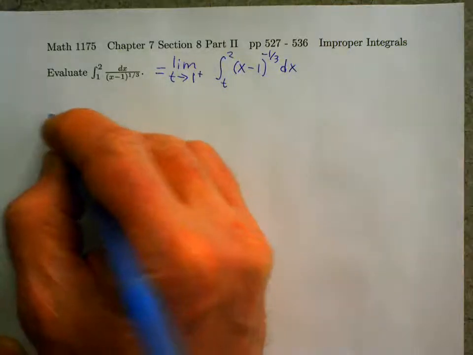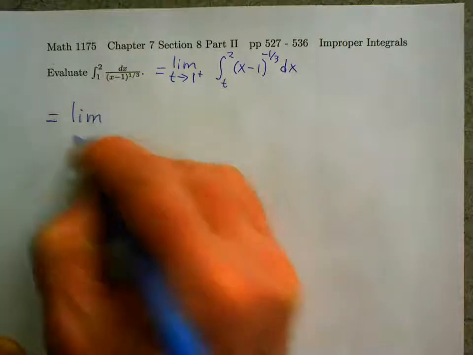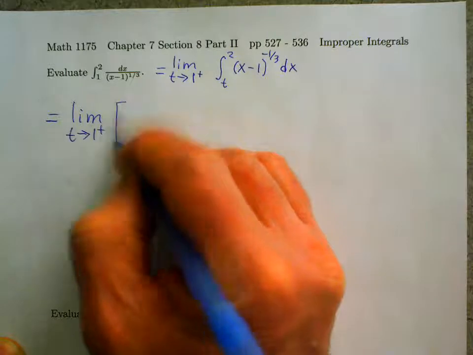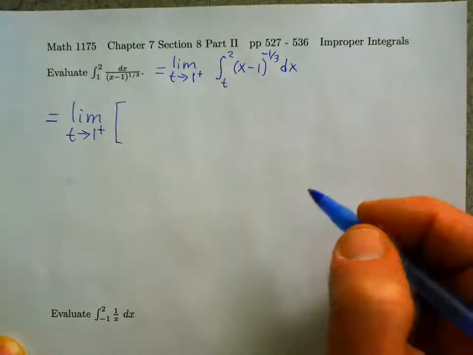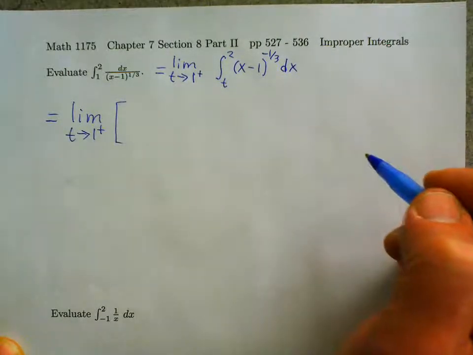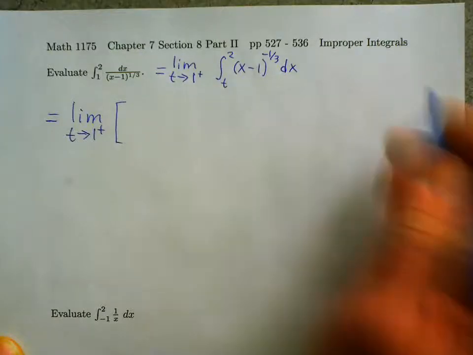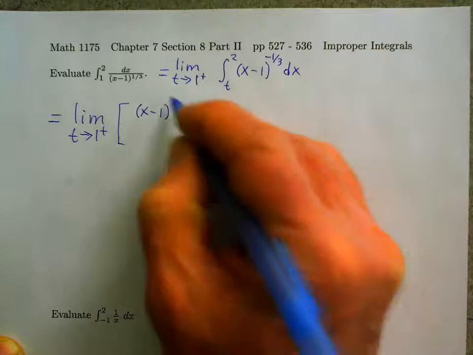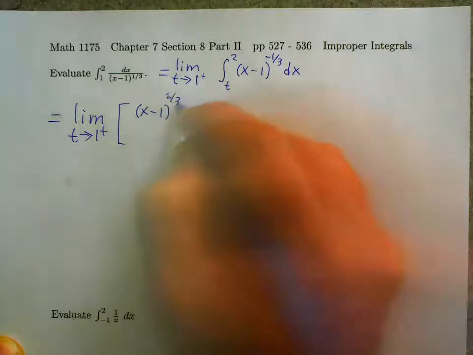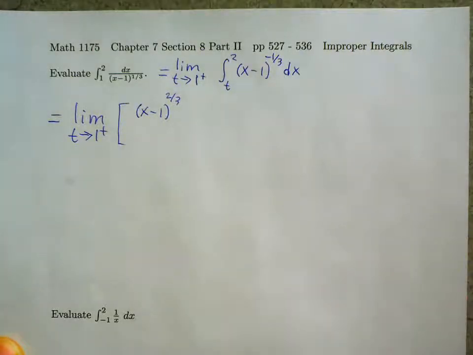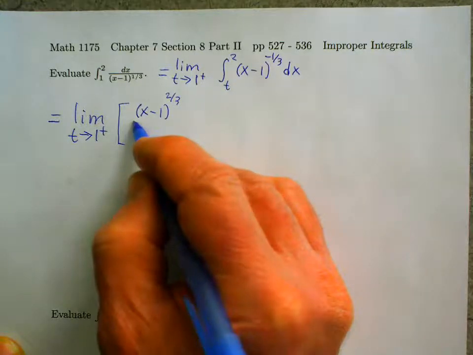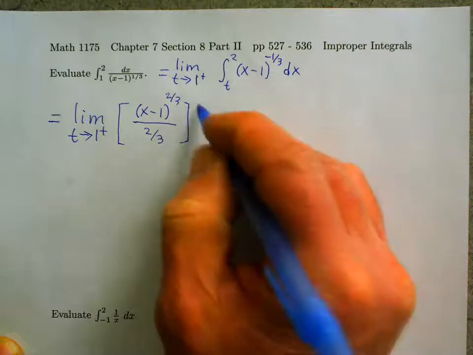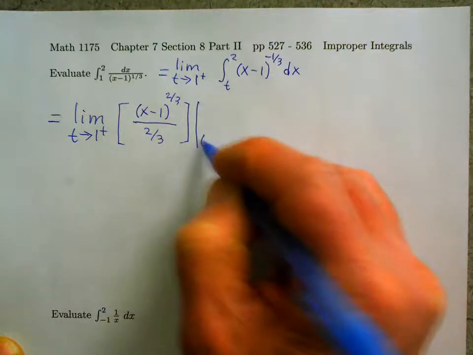All right, so the limit as t approaches 1 from above, and then an antiderivative of x minus 1 to the negative 1/3 is x minus 1 to the 2/3. Negative 1/3 plus 1 is 2/3, right? Divided by 2/3, and then evaluated from t to 2.